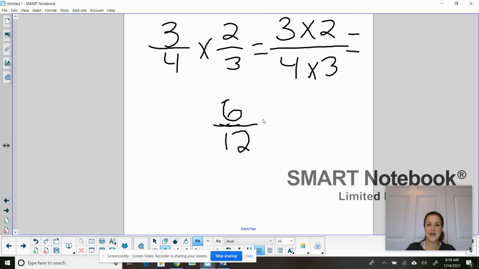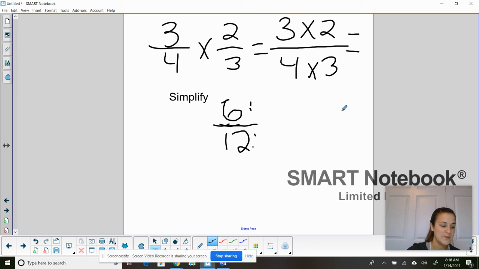So my next step would be to simplify, right? Okay, how do we simplify? By finding the GCF. So let's go ahead and list the factors of 6 and 12. Use your handy dandy cheat sheet. That's what I have it there for.